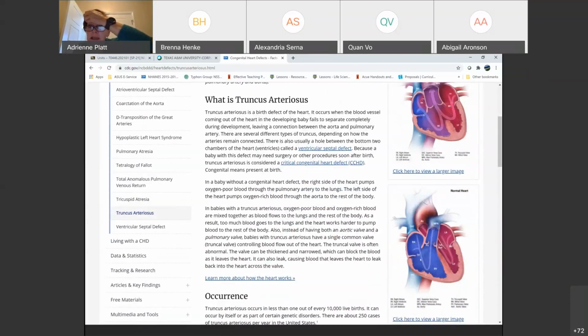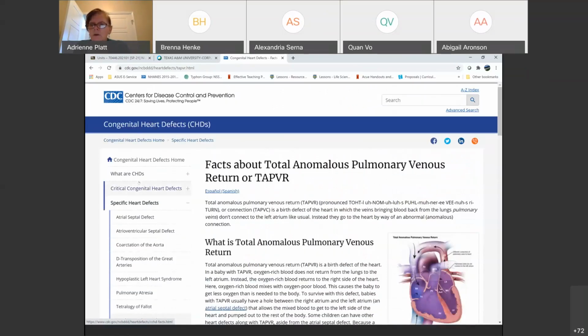Eddie has written a question for TAPVR about the oxygen. The blood oxygen doesn't go to the left atrium.